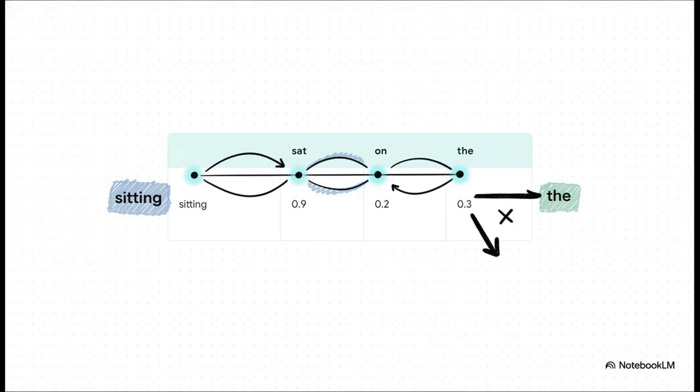It's almost like a huge spreadsheet. We check a generated word against all the tokens from the reference, creating intersecting scores. So for example, the cosine similarity between the generated word "sitting" and the reference word "the" might be a really low score, something like 0.3, because semantically, a verb and an article just don't share much meaning at all.